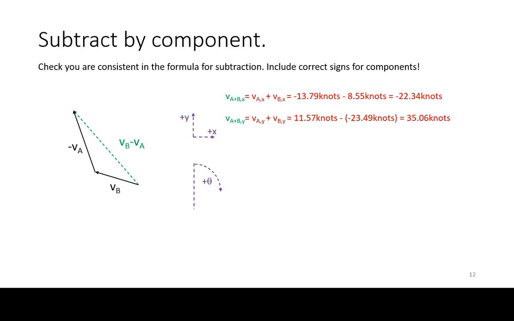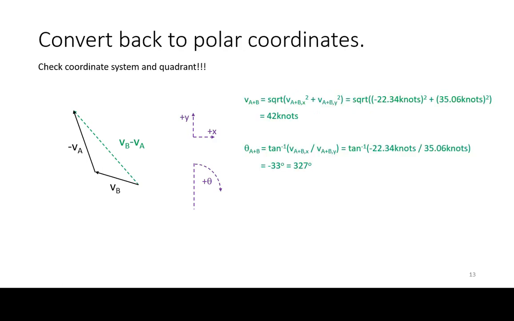We add the vectors by component, paying attention to the signs as we calculated in the previous step, before converting back to polar coordinates for the resultant vector.